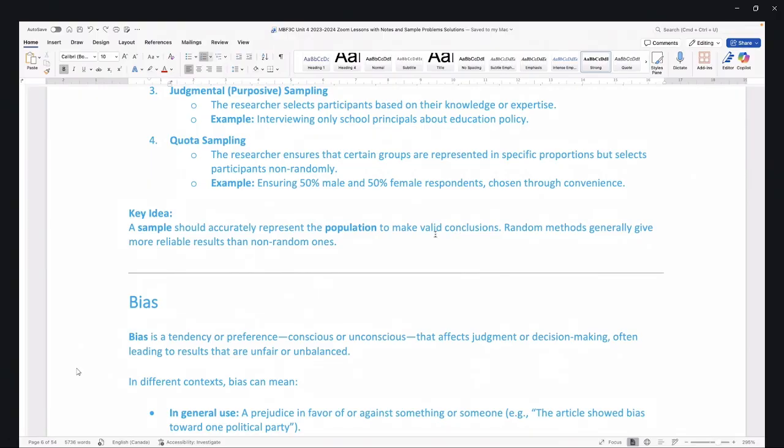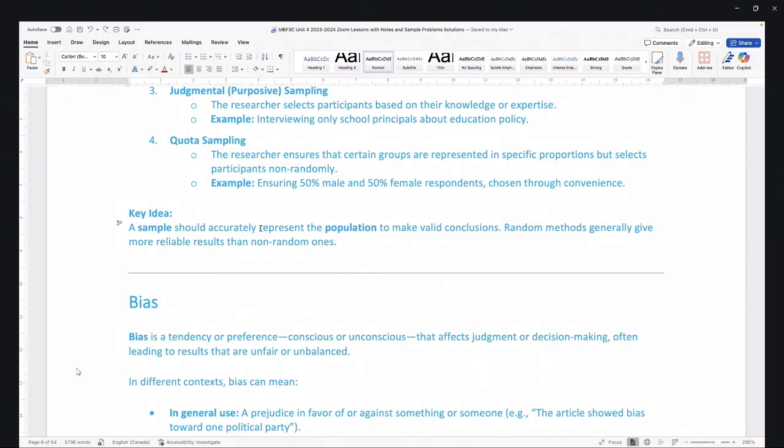So what they mean by representative of the population is, if I'm interested in grade 10 students and I interview some people in grade 9 and some people in grade 11, maybe some people in grade 12, well, then people in grade 9, grade 11 and grade 12 are not part of the population.